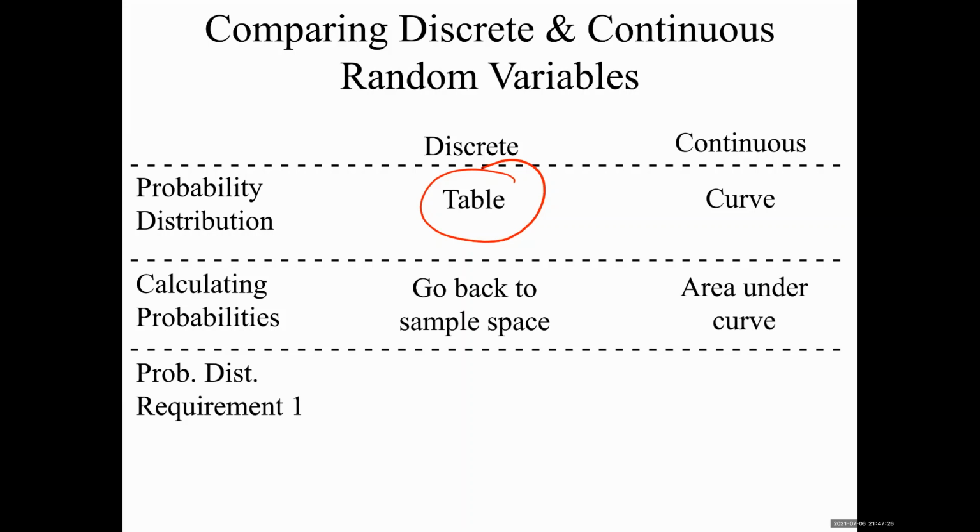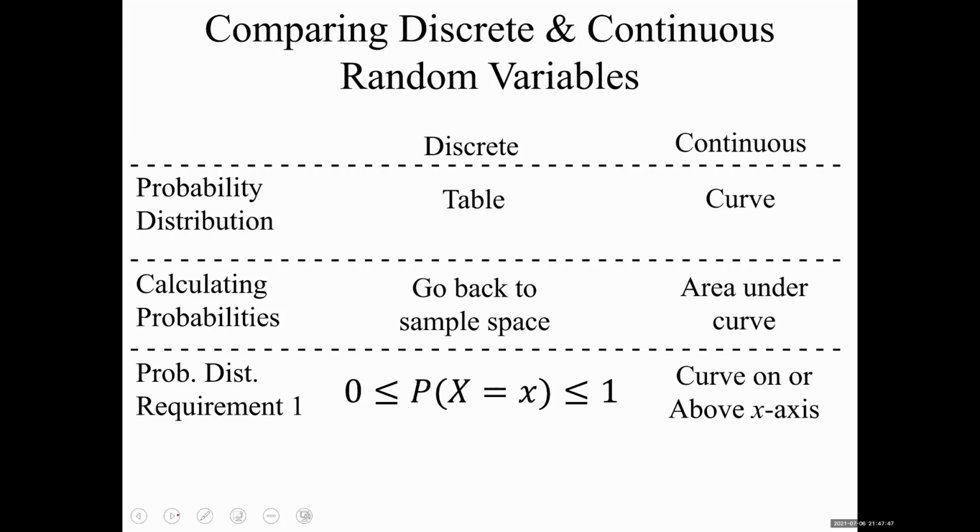Between 0 and 1. That's what this says right here. All the probabilities on the right side of the table have to be between 0 and 1. The analogous requirement for the curve is the curve has to be what? Above the x-axis. On or above. It can touch the x-axis or be above. Or you can write the curve cannot go below the x-axis, something like that.